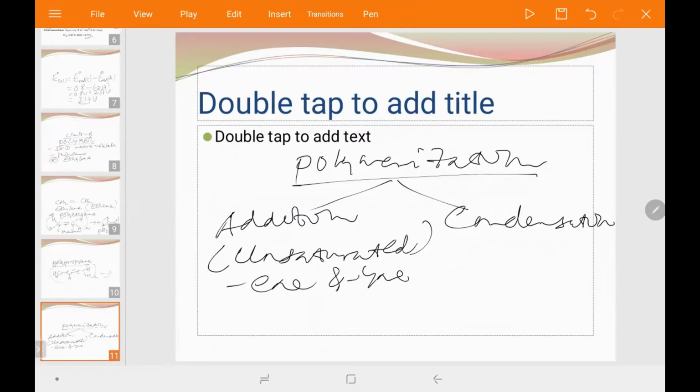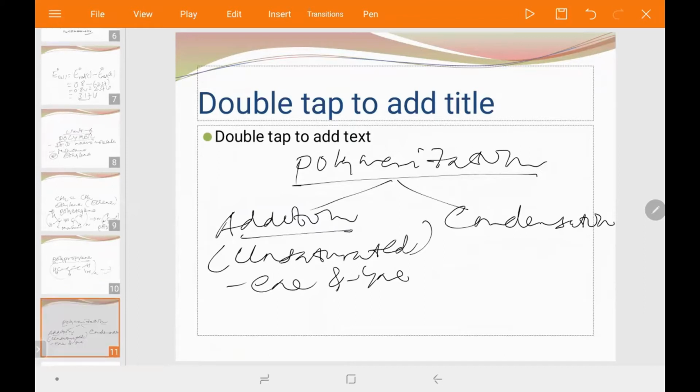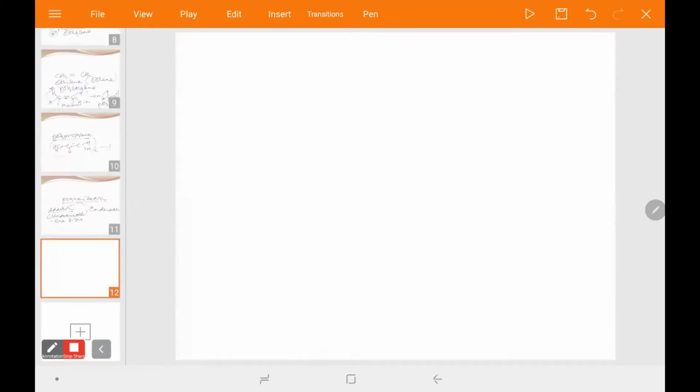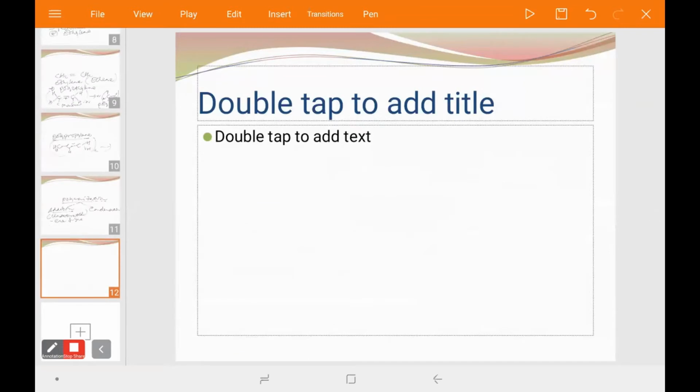But particularly here in addition polymerization, we use addition reaction of alkenes. Here in addition reaction, what is going on? The double bond is cleaved, it's broken down.